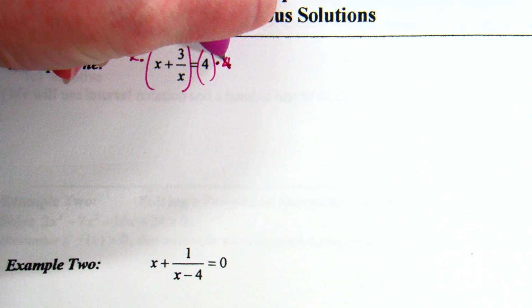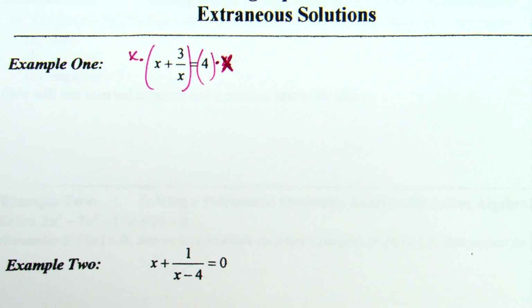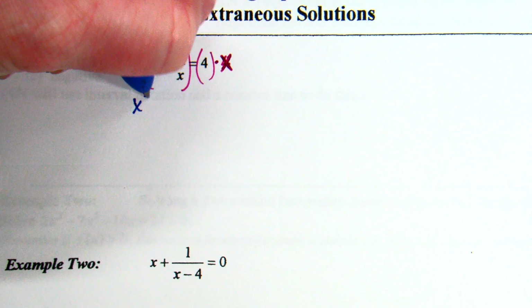I just started to write the wrong thing, though. So on the left, when we multiply by x, keep in mind we're going to have to take that x and we're going to have to distribute. x times x is x squared plus, how do we multiply x times 3 over x?